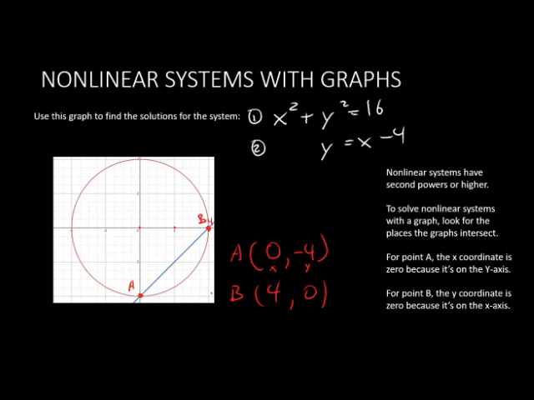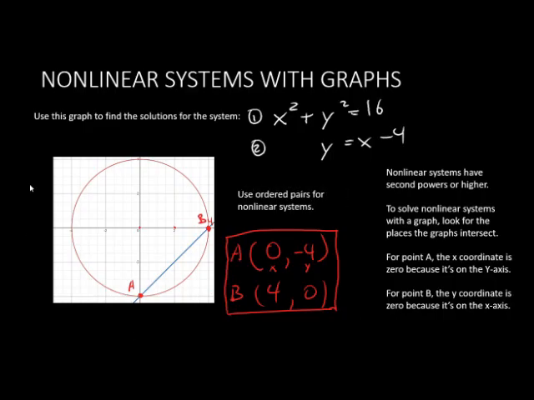Therefore, point B is located at 4, 0. Therefore, these would be your solutions to the nonlinear system. When we write solutions to a nonlinear system, we must write ordered pairs. This is similar to how you would write solutions to any other systems of equations.